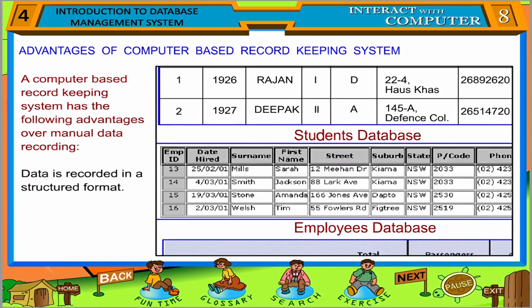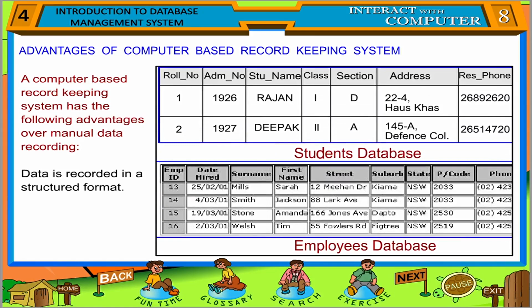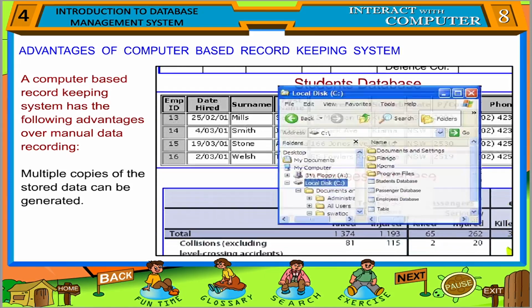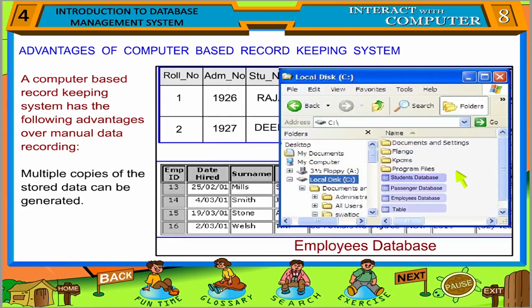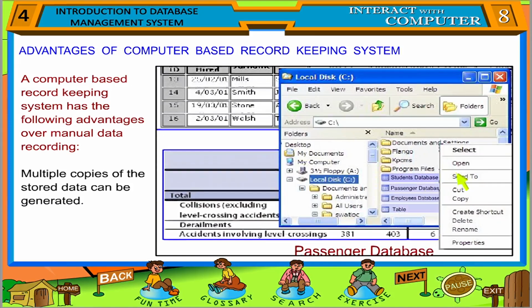Advantages of computer-based record-keeping system. A computer-based record-keeping system has the following advantages over manual data recording. Data is recorded in a structured format. Multiple copies of the stored data can be generated.